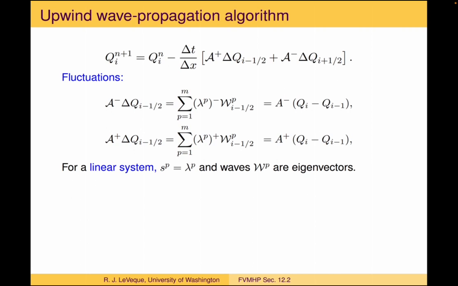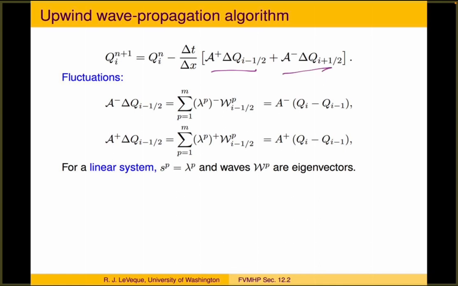The form that we started with there for the first order method was to write it in this fluctuation form rather than a flux differencing form, where the A plus delta Q at the left edge represents the net contribution of all the waves that are moving to the right from the left edge. So it's waves from the left edge, but only the ones for which the speed is positive.